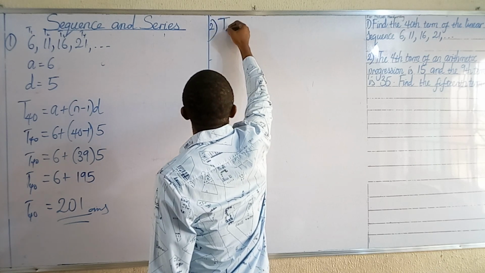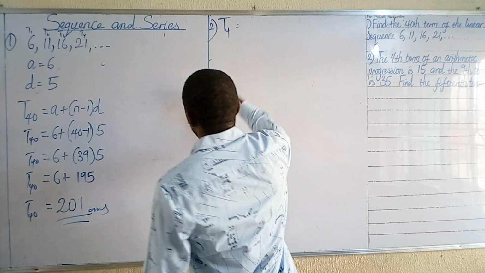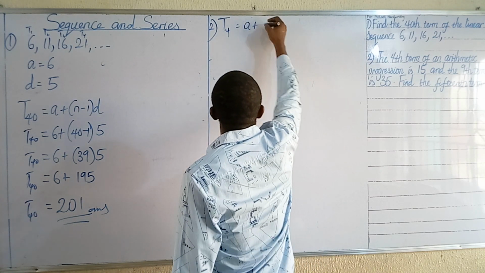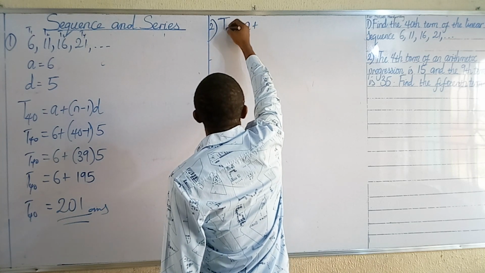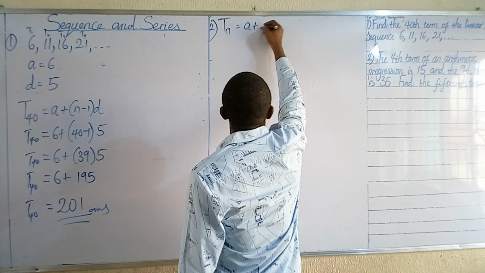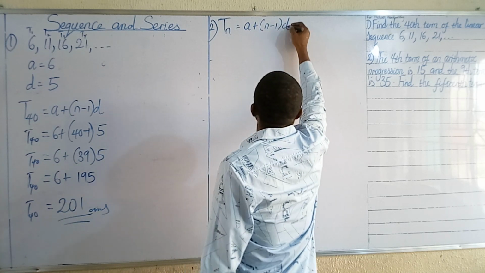The fourth term is T4. And the formula for the nth term is A plus n minus 1 multiplied by d.